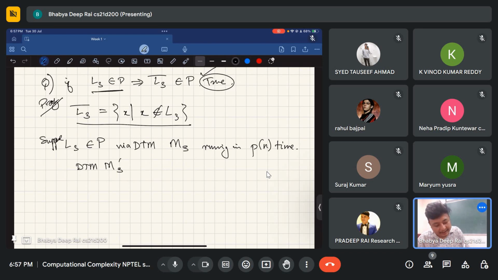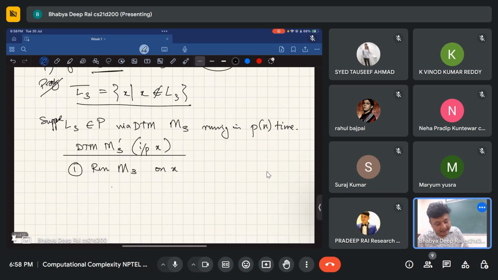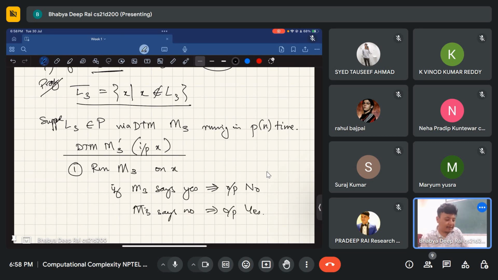On input X, simply run M3 on X. If M3 says yes, output no. If M3 says no, output yes.